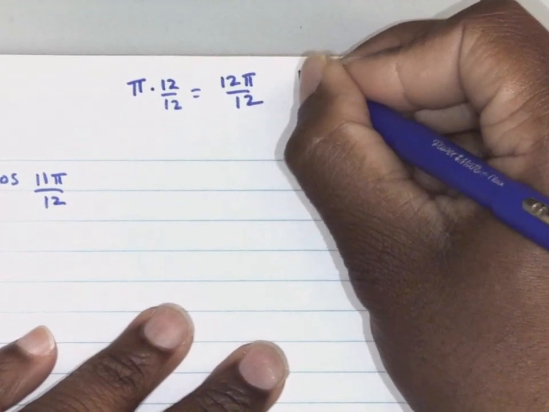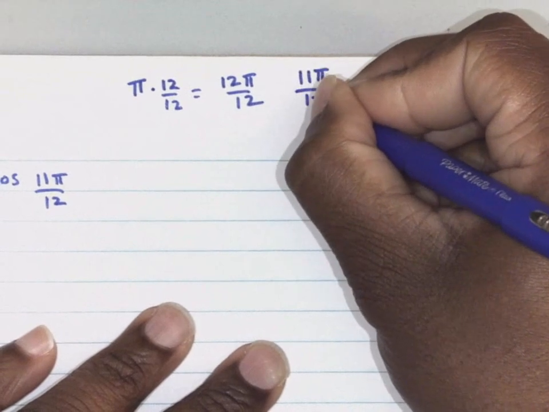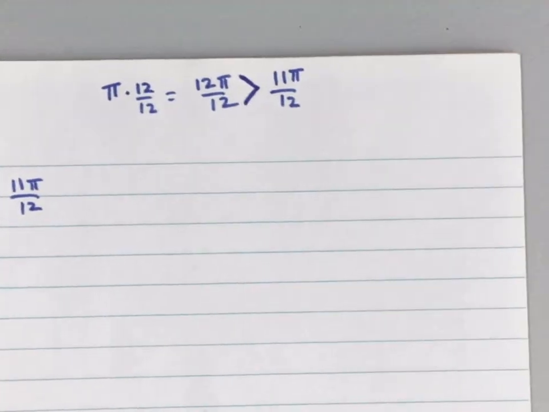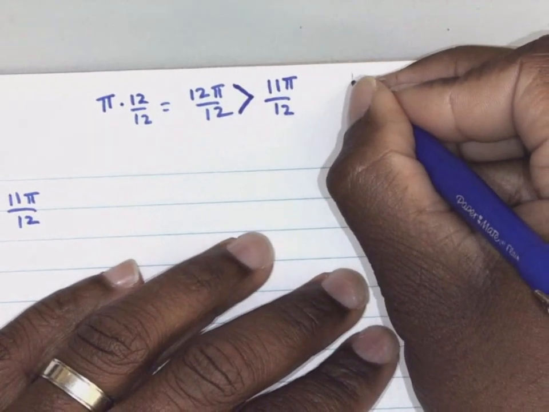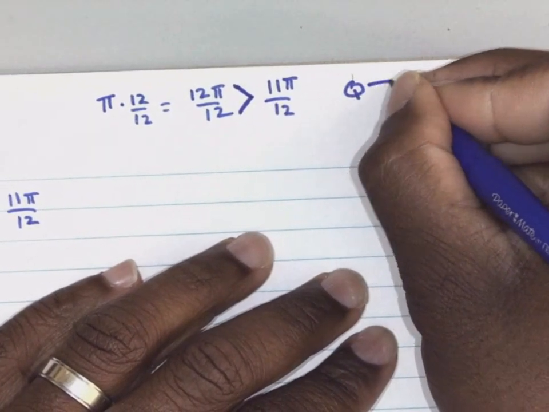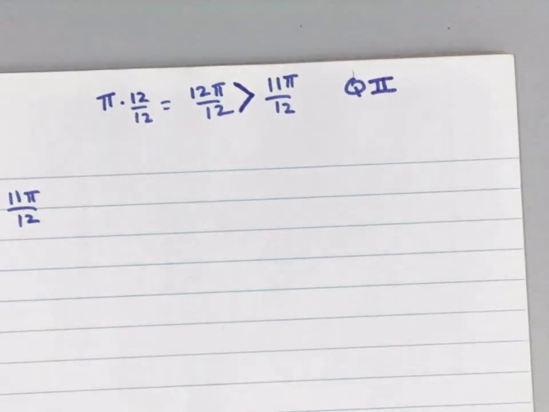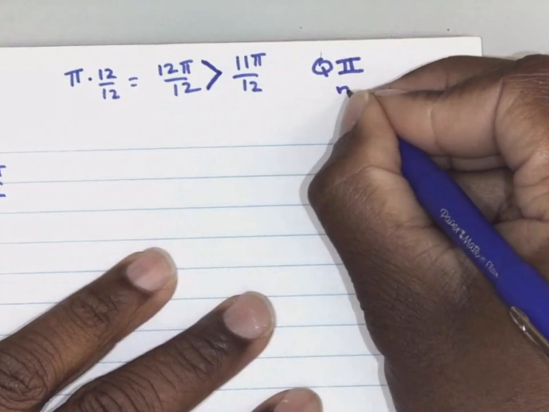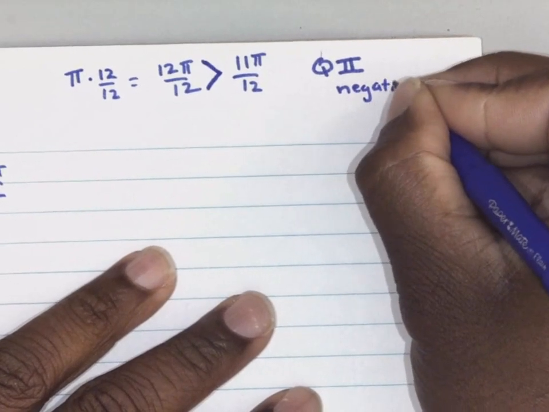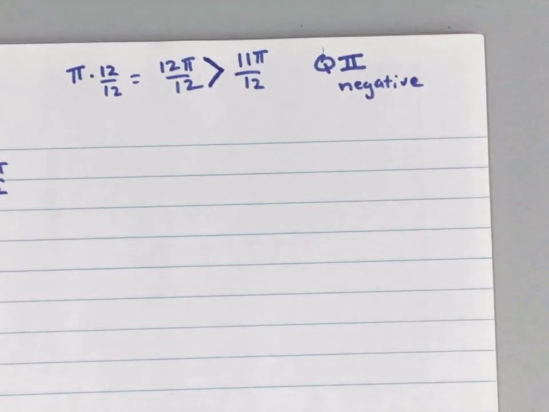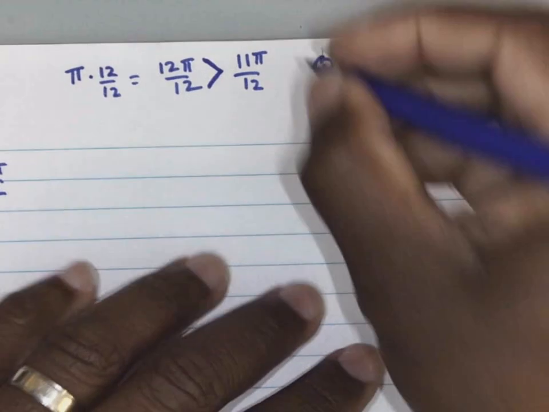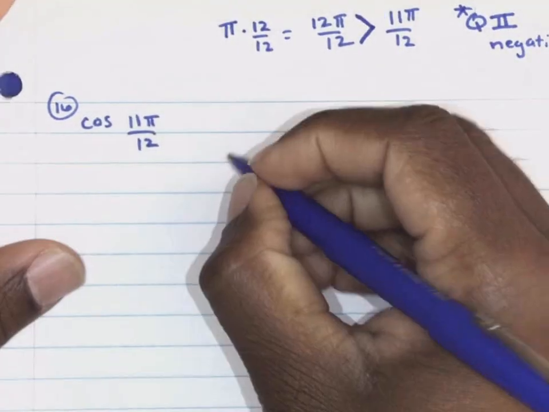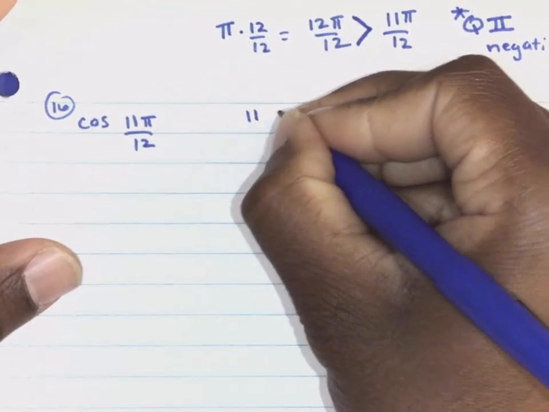And then if I compare 11 pi over 12 to that, I see that pi is a little bit bigger, meaning this angle is in quadrant 2. Since I'm doing cosine, I'm going to choose the negative option because cosine is negative in quadrant 2. All right, so now I'll take my angle and double it.